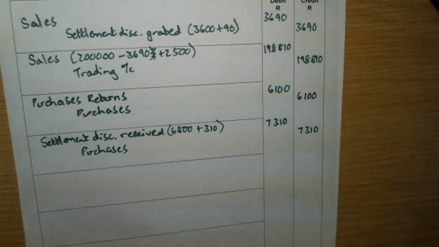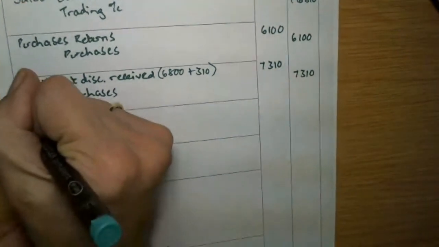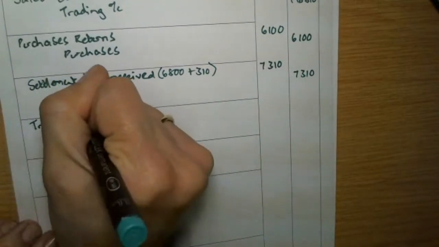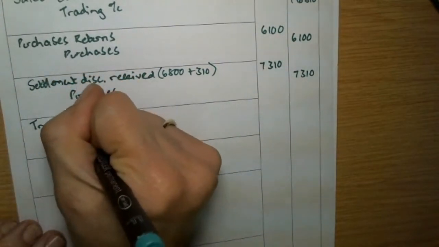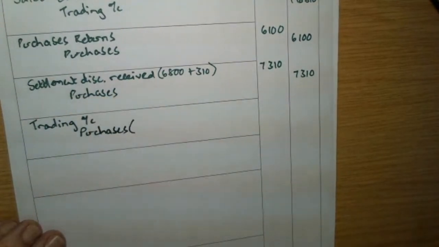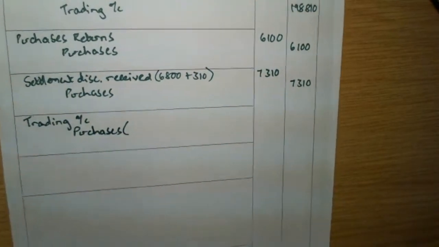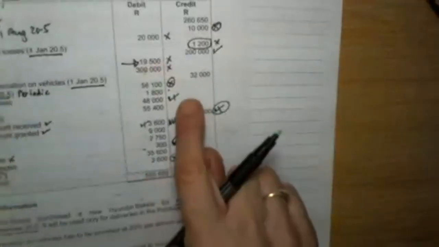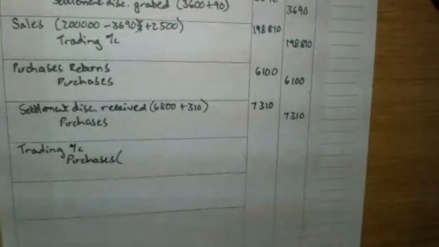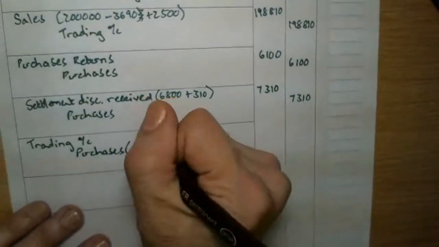Okay, so those are the two amounts, purchases returns and settlement discount received, that need to reduce purchases. So now I'm going to take purchases to the debit side of my trading account. So the trading account is going to be debited and the purchases account is going to be credited. The purchases account in my trial balance had this balance of 48,000 over here. So I'm going to start with that 48,000.